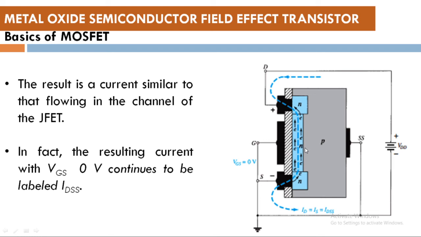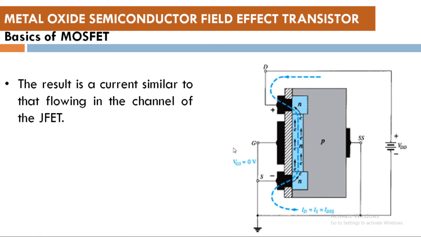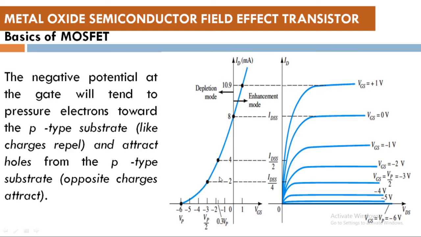So it will require more output potential and more current will be available to pinch it off. So we can say that this particular section gets enhanced when we increase the gate potential beyond IDSS.